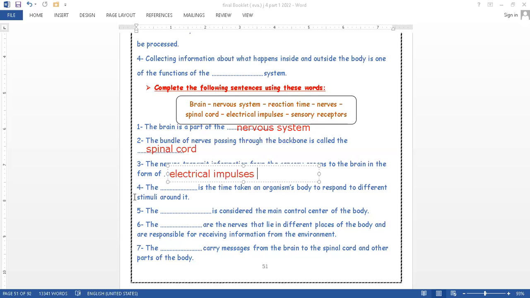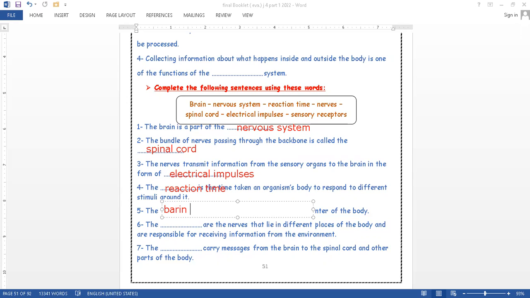Number four, the dot is the time taken by an organism's body to respond to different stimuli, so for sure it will be reaction time. Number five, the dot is considered the main control center part of the body. It will be for sure the brain.